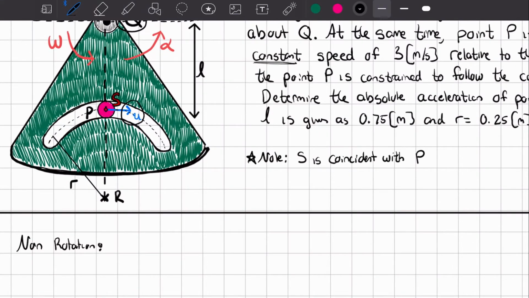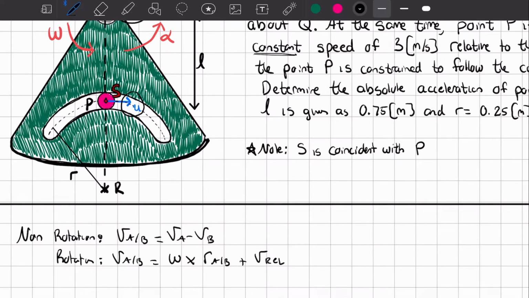So in a non-rotating reference frame, for the relative velocity of some random points A and B, we'd have that the relative velocity of A and B is equal to the velocity of A minus the velocity of B. Whereas if I had a rotating reference frame, I would measure that the velocity of A with respect to B is going to be equal to the omega that the reference frame is rotating at, crossed with the relative position vector, plus this relative velocity term.